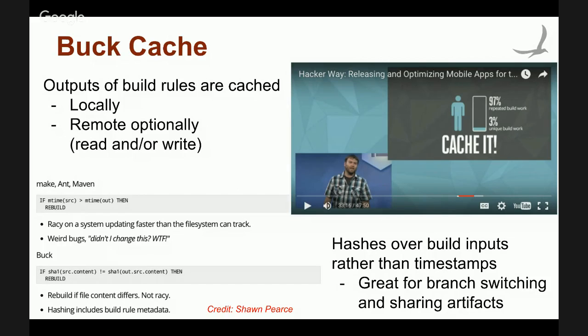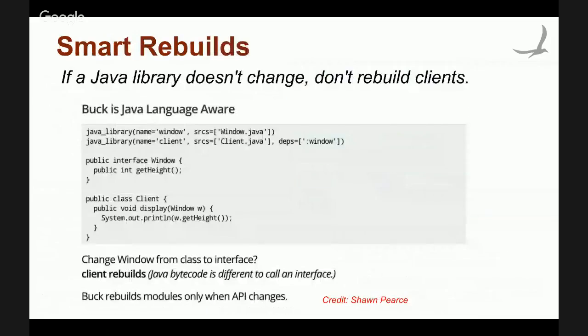Cool. So yeah, we can go to the next slide. The other thing that Buck does well is it's Java aware. So Buck knows sort of what's going on with your code. If your library or API doesn't change, it doesn't rebuild the downstream dependencies on that API.